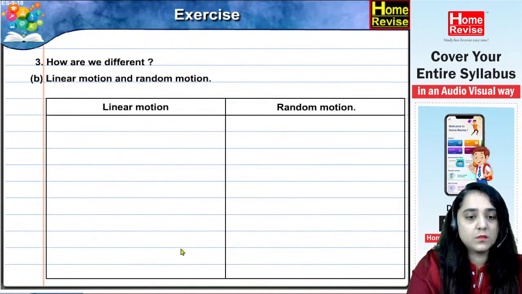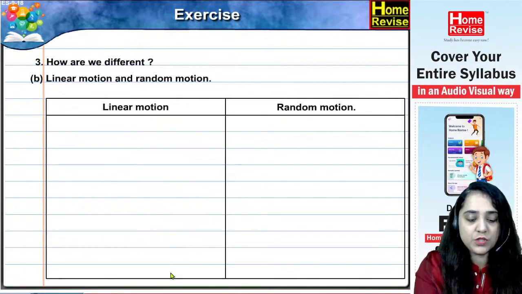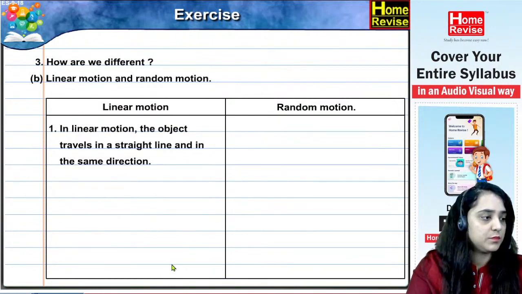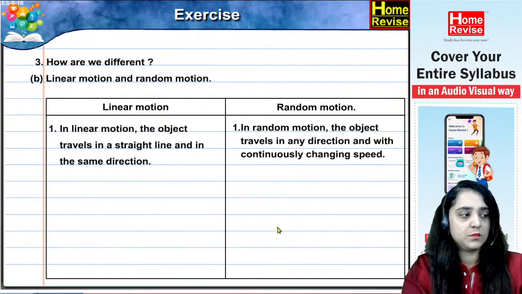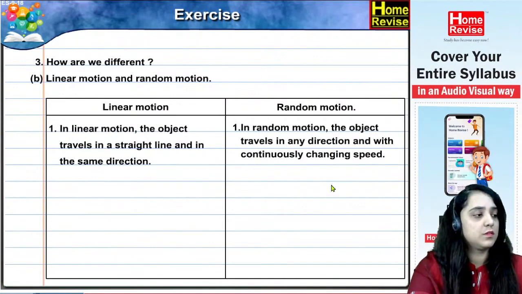B. Linear motion and random motion. Let's understand the answer. Point number one. In linear motion, the object travels in a straight line and in the same direction. In random motion, the object travels in any direction and with continuously changing speed.